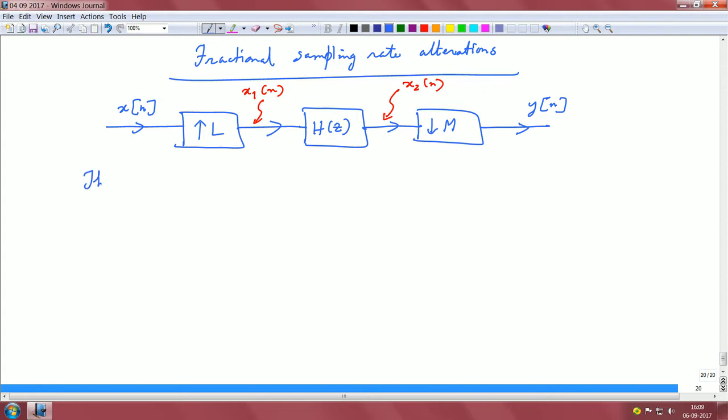So the effective sampling rate conversion is L upon M, right, where we are upsampling by L, reducing by M. So it is basically a ratio L upon M. So let us think about a simple example here.